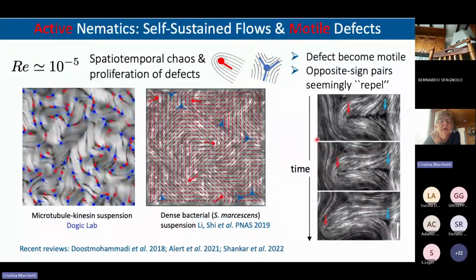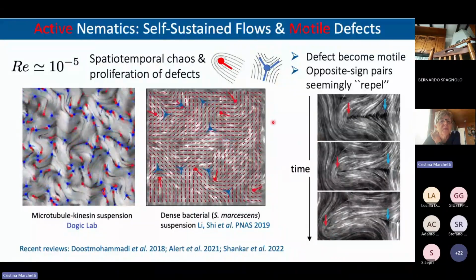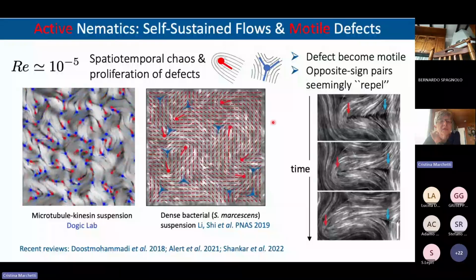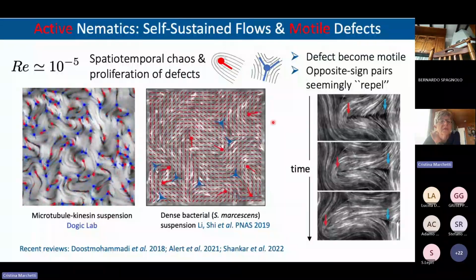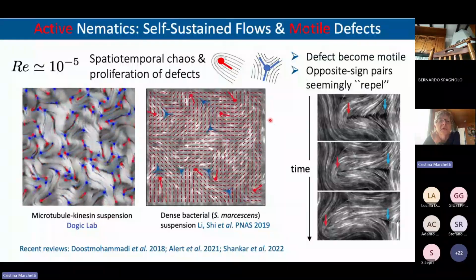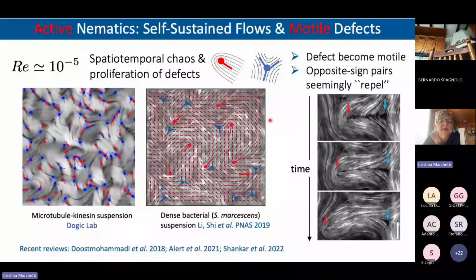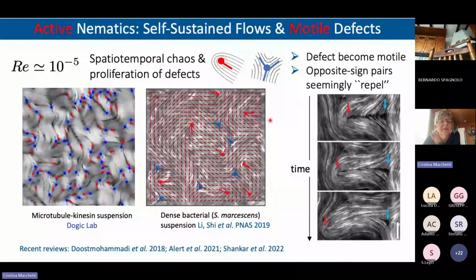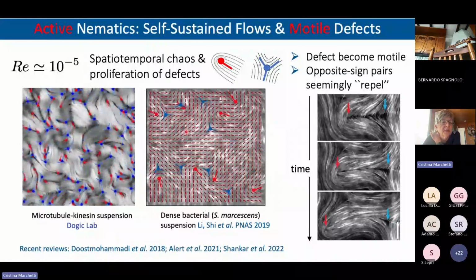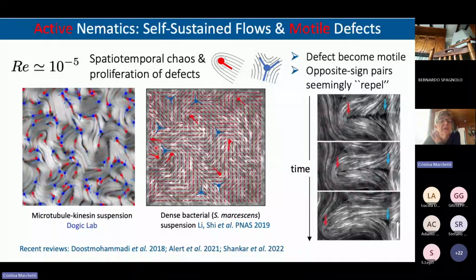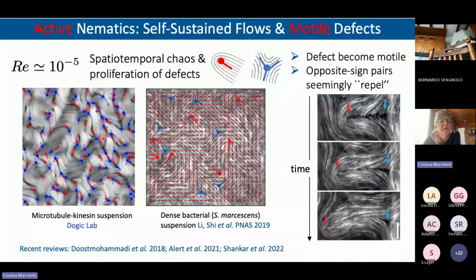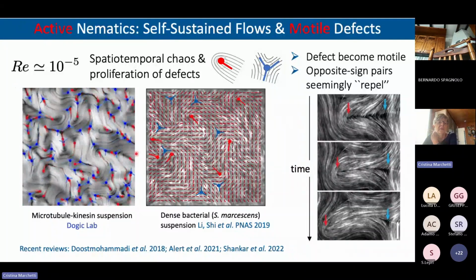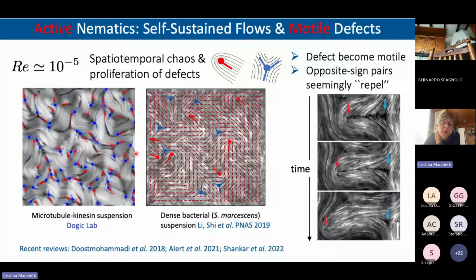So we have a steady state number of topological defects that essentially generate the distortion that drives and sustains these flows. And opposite sign pairs seemingly repel.